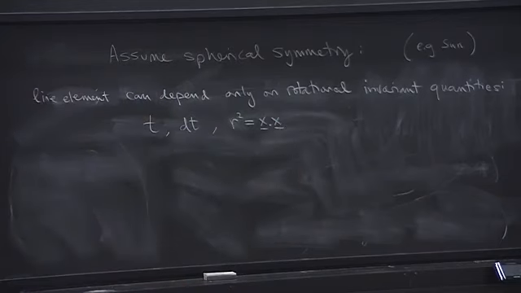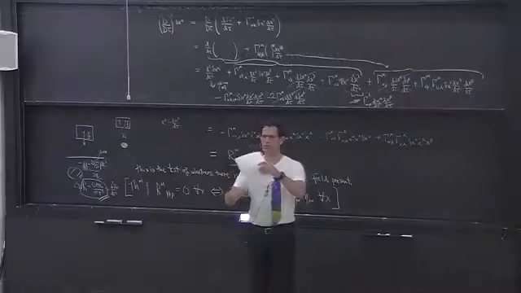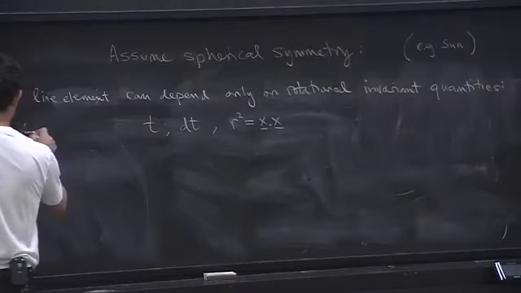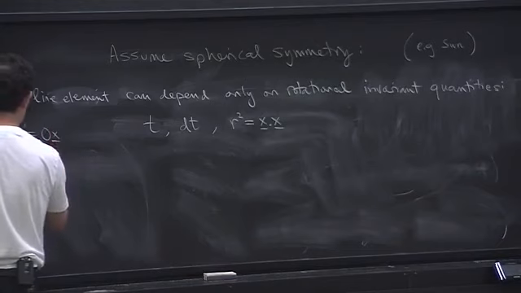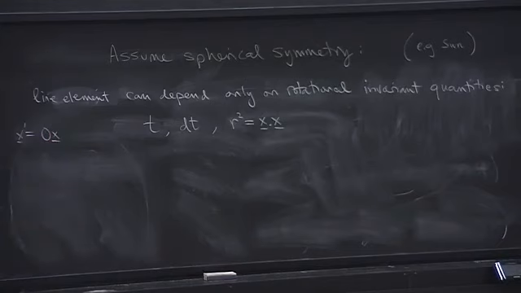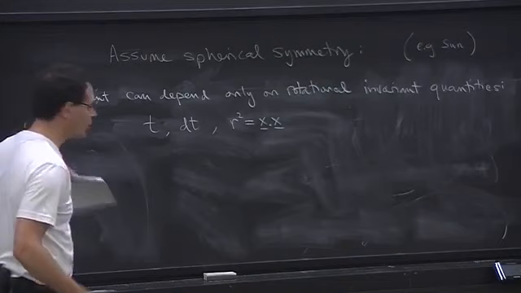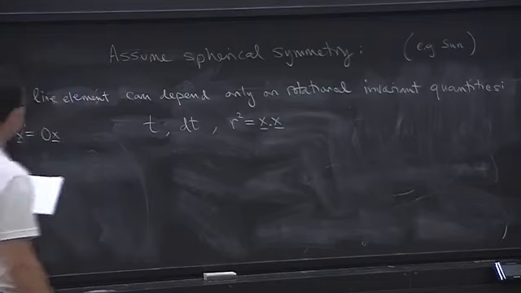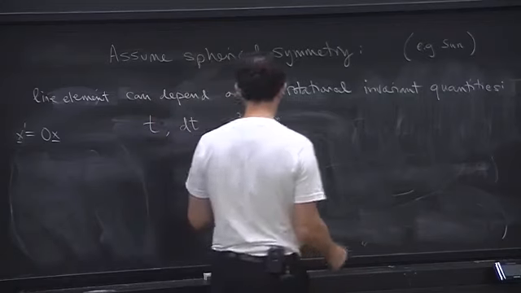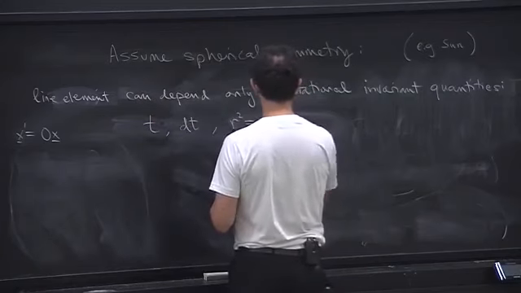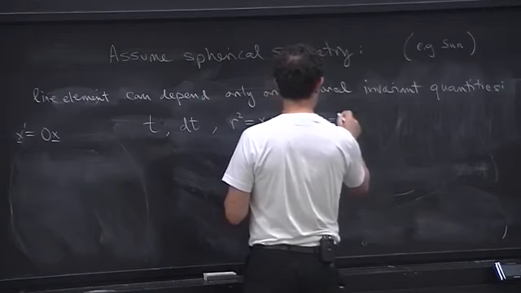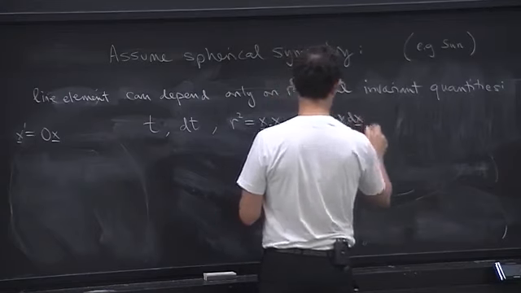Okay, so by assumption, I'm saying there's a rotational symmetry. Remember what rotational symmetry is. Rotational symmetry is a transformation that x prime goes to some rotated version of x, where O is a rotation matrix, but the distance is invariant. From this equation, we have r dr. That's also rotation invariant.